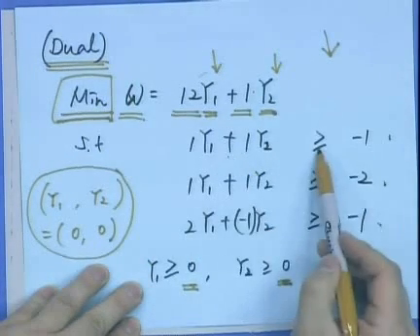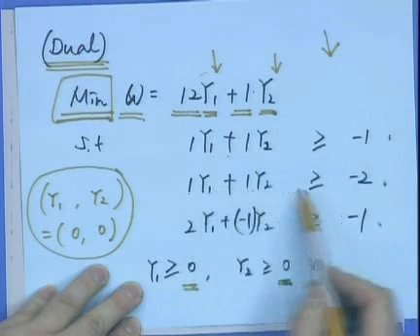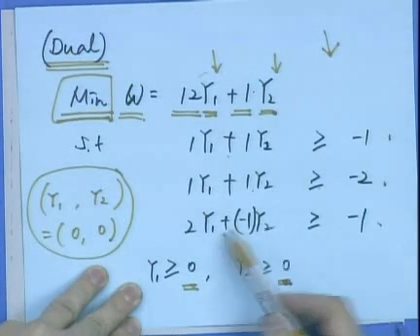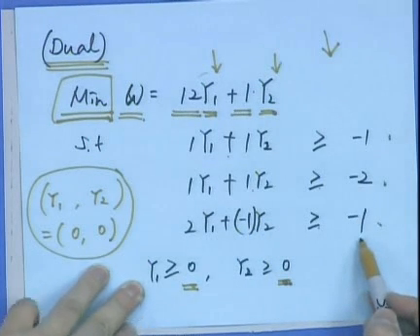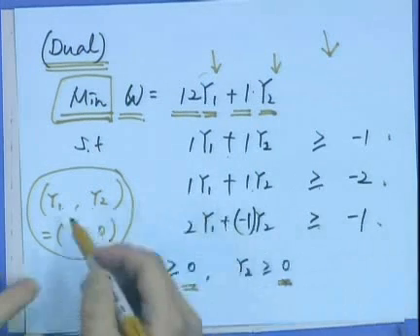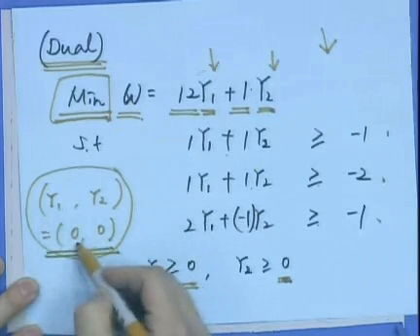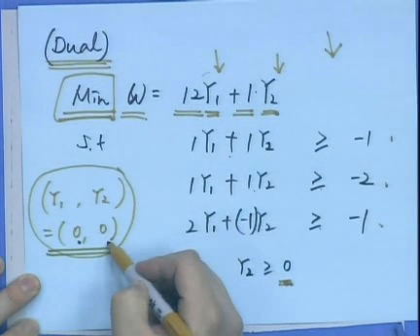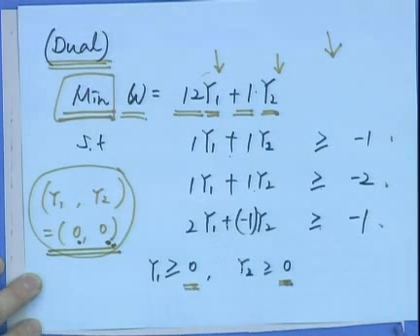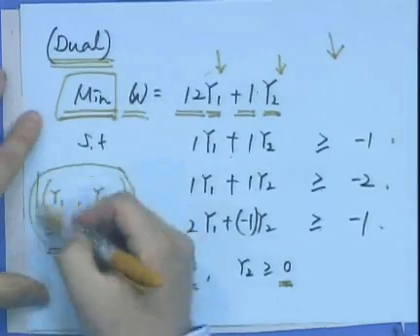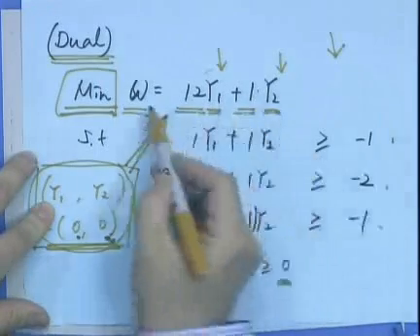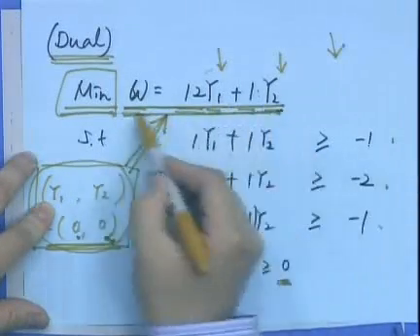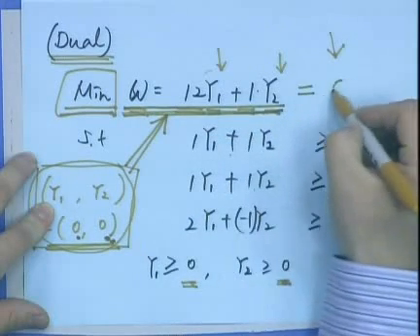Because 0 is greater than or equal to negative 1, 0 is greater than or equal to negative 2, and 0 is greater than or equal to negative 1. So y1 equal to 0 and y2 equal to 0 is the optimal dual solution. And with this value, the dual objective function value becomes 0. Is that right?